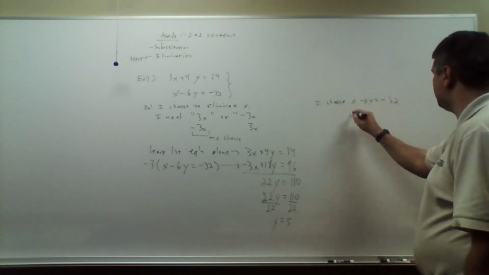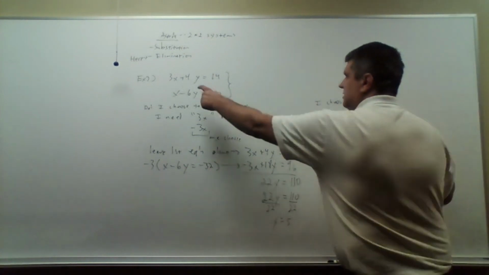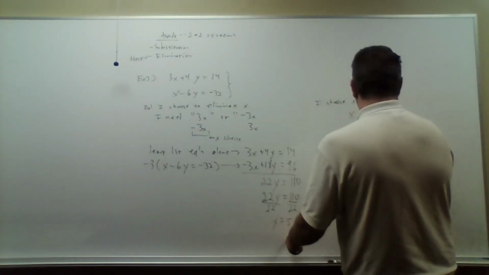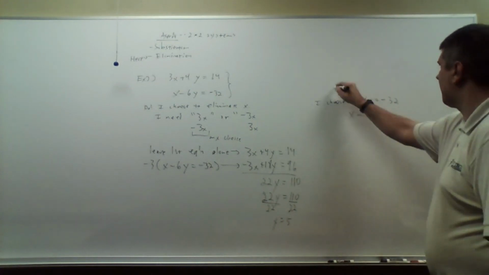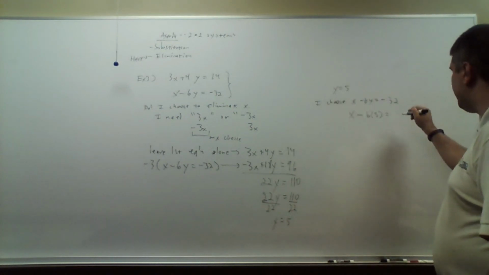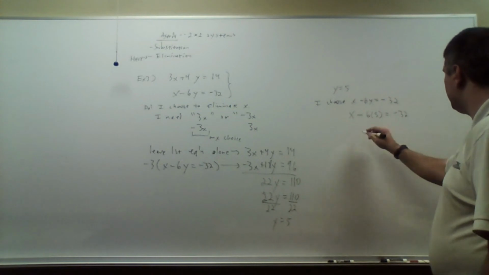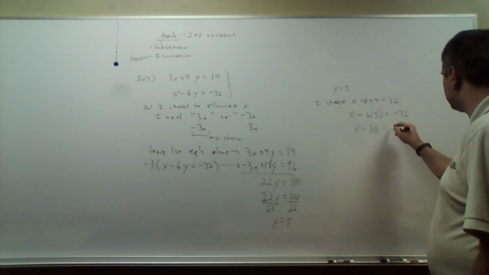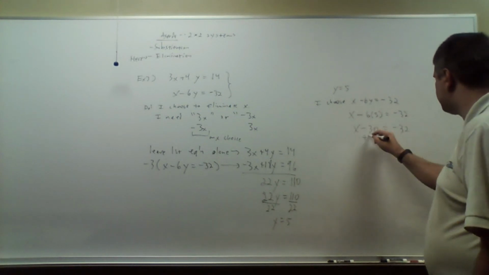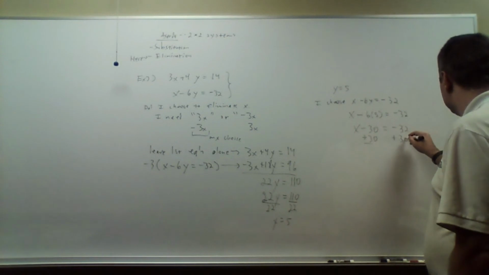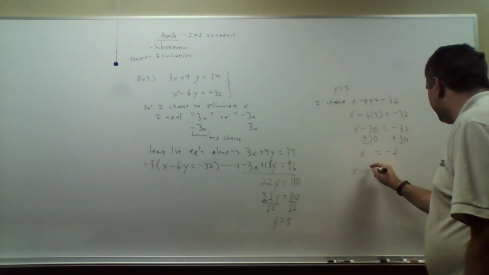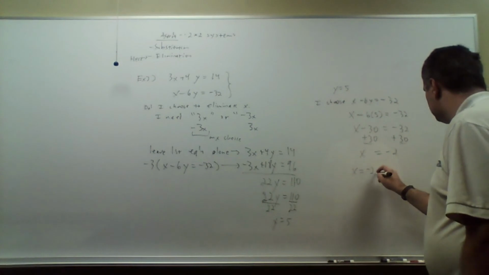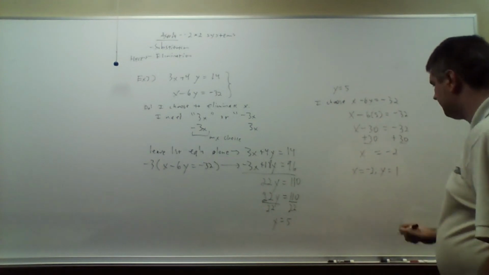So I've got x minus 6 times 5 equals negative 32. X minus 30 equals negative 32. Add your 30, and x equals negative 2. So x equals negative 2, y equals 5.